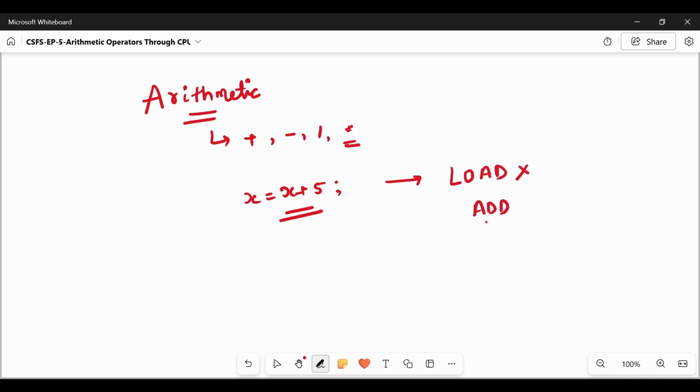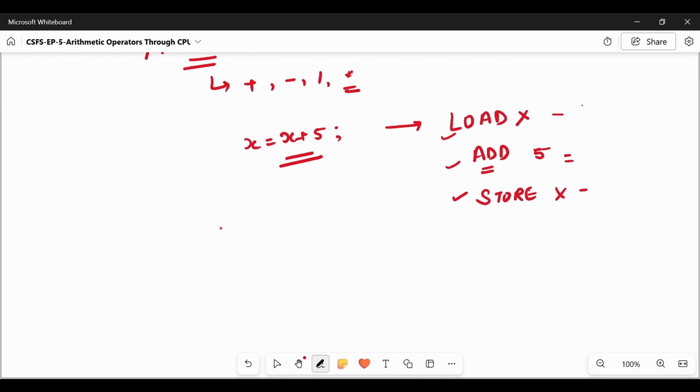Second, it will perform the addition, so add 5. Third, store the value back from the register to memory. So load, perform and store. Operators transform values through loading, computing, converting and storing. Here it is loading, computing and converting, and here we are storing. So this is a multi-step process.